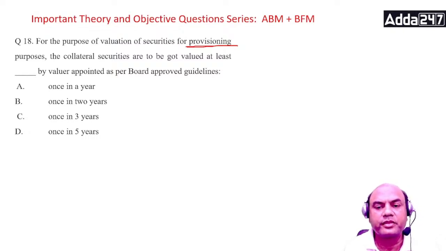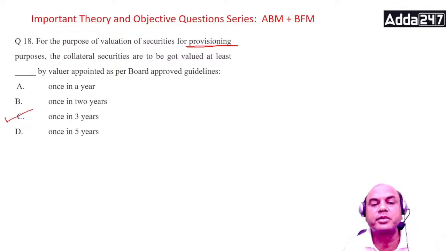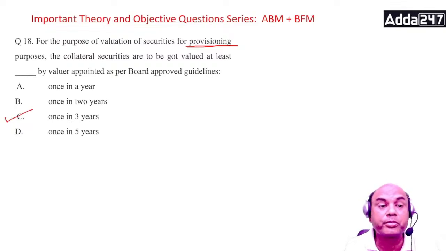It should be done at least once in 3 years. For the purpose of valuation of securities, means valuation of those securities which I am using for the provisioning, either secured or unsecured, I must get it valued by the valuer appointed by the board at least once in 3 years. Got it, everyone?